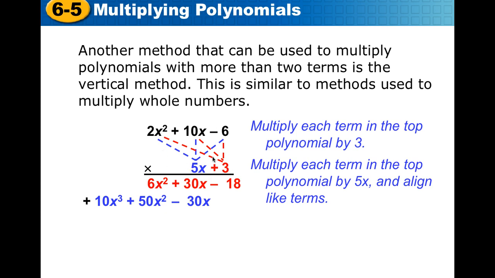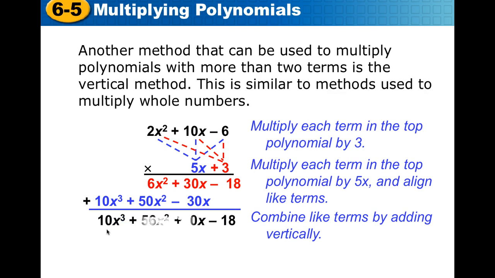So again, what we're going to do is then vertical math. You're going to combine like terms, which turn out to be up on top of each other. Negative 18 does not have anything it combines with, so you can just drag that right down. 30x minus 30x, again for the third time now, cancel out to get you 0x. Then you have 6x squared plus 50x squared, which does get us 56x squared.